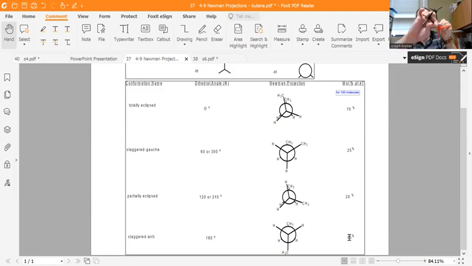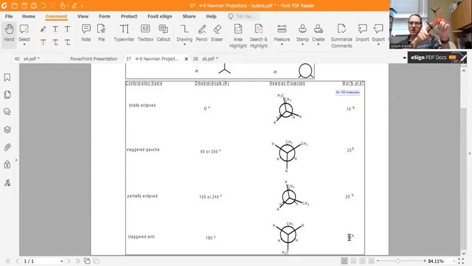Staggered gauche, you know, this much of a degree separation between. There, I got it. A little bit of a background there. That's pretty nice. So let's say 25 out of 100 molecules will exist as that shape. And partly eclipsed, where the methyl group is in front of a hydrogen.